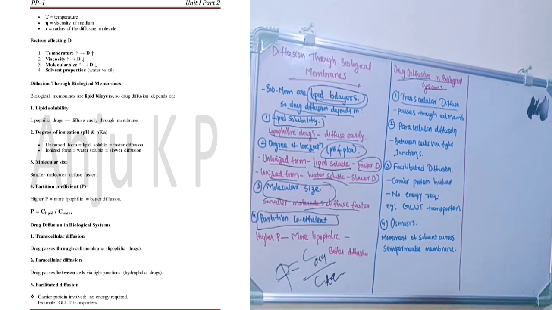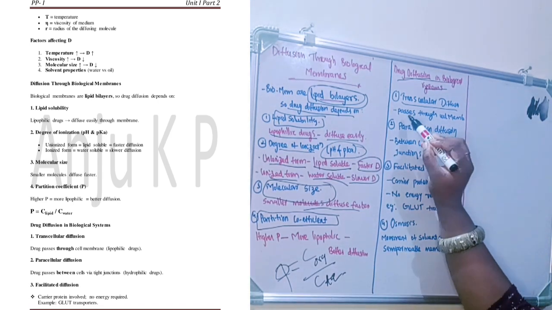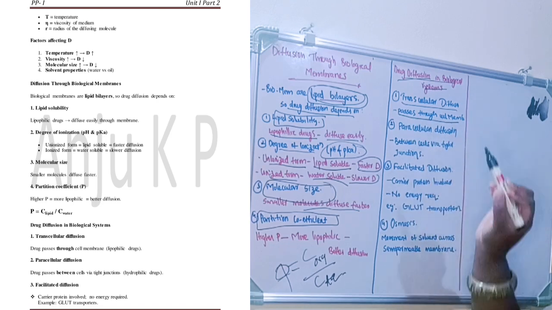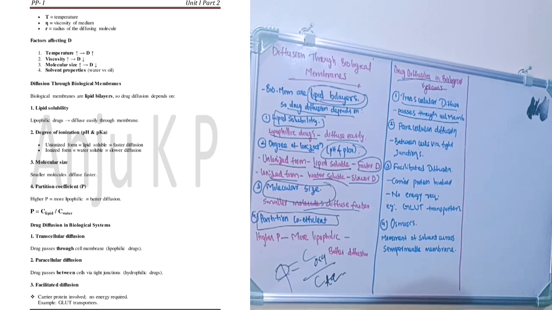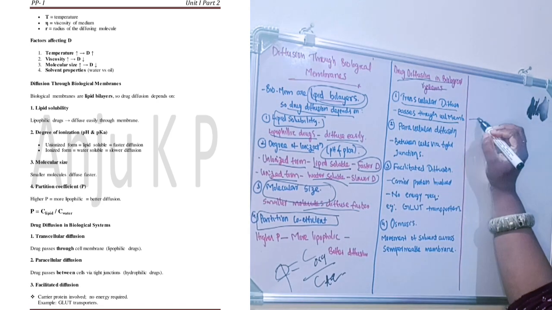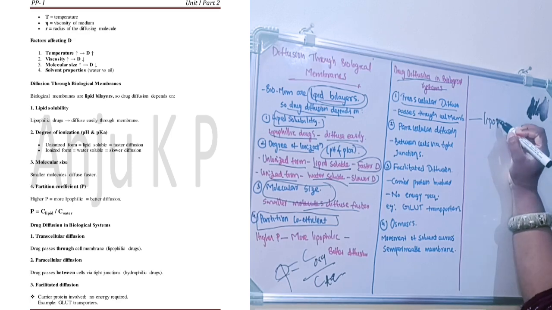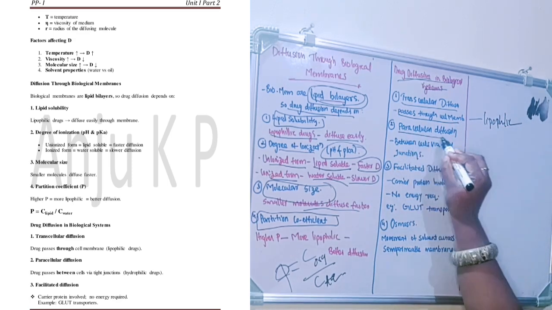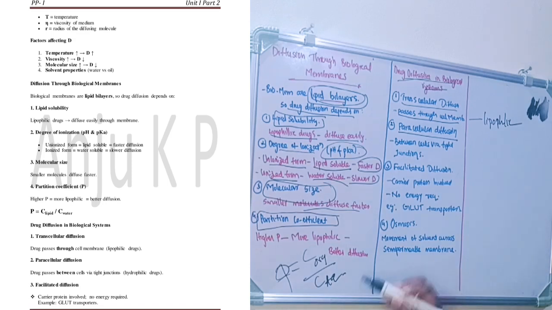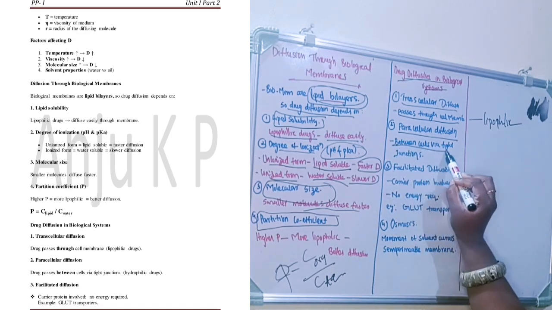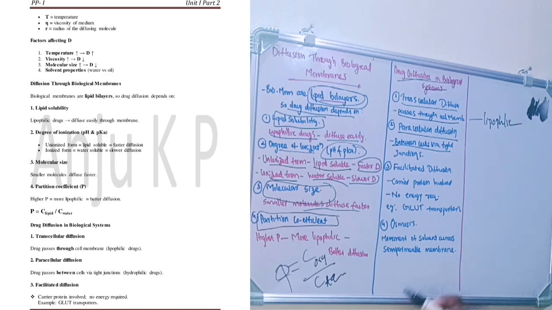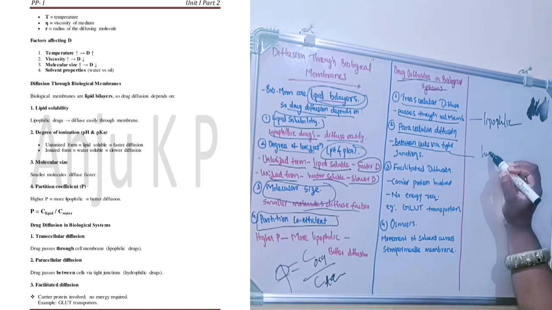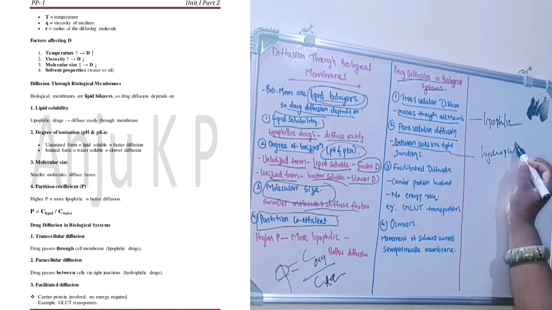Most drugs follow transcellular diffusion, which passes through the cell membrane. That means lipophilic drugs are the example of transcellular diffusion. And when we talk about paracellular diffusion, drugs pass between the cells via tight junctions. So the example we can give is hydrophilic drugs.